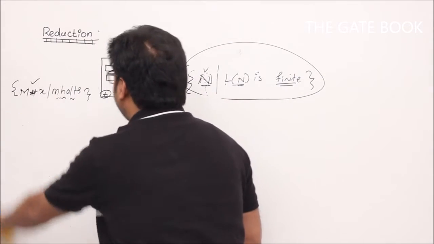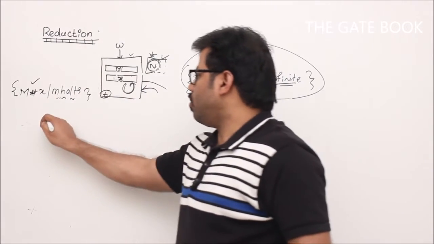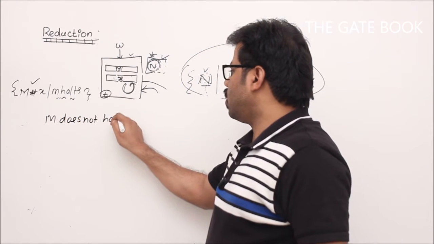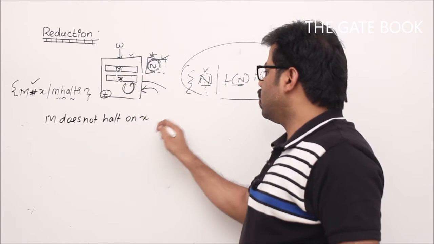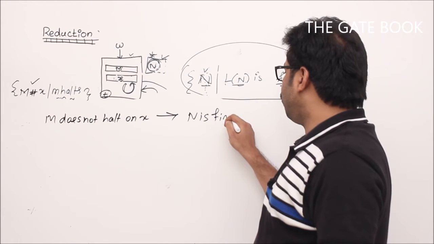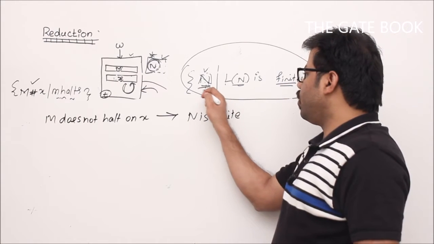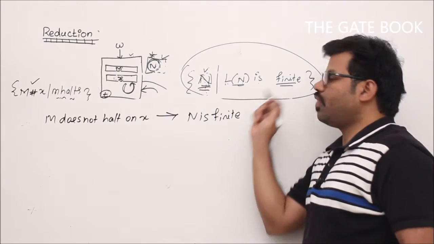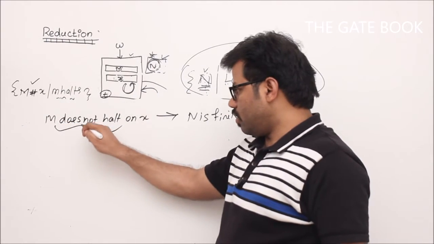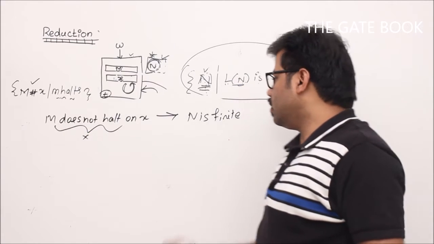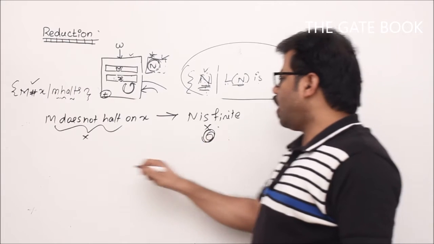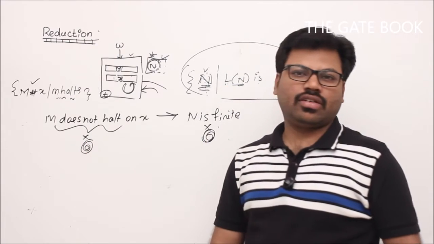Now finally what I want to say is, here your problem was M does not halt on x. It is reduced to n is finite, correct? And the language is the collection of Turing machines where language of n is finite. This language doesn't have a Turing machine, because whenever there is a Turing machine here, I should be able to construct a Turing machine there, correct?